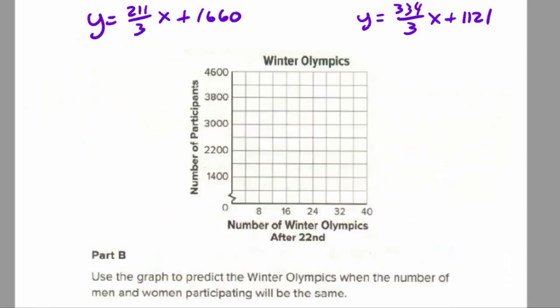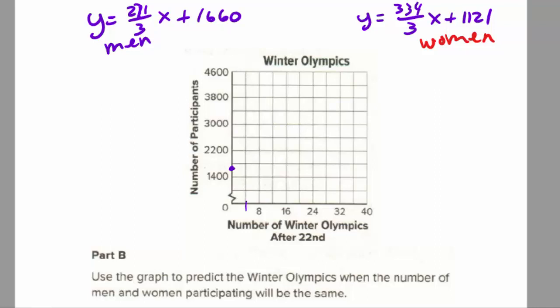Okay, so I'll do the equation for the men in blue, so the men is over here, and I'll do the equation for the women in red. The men have a starting intercept of 1660. So 1660 looks like it's probably right around here and has a slope of 271 over 3.